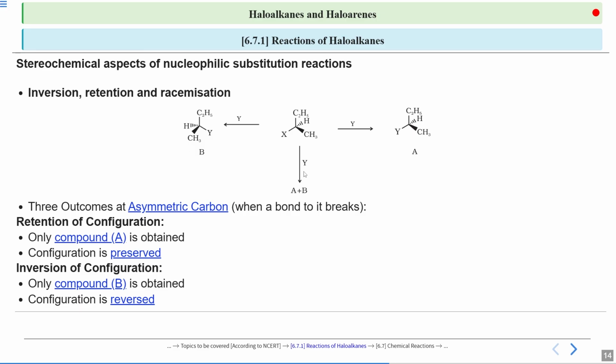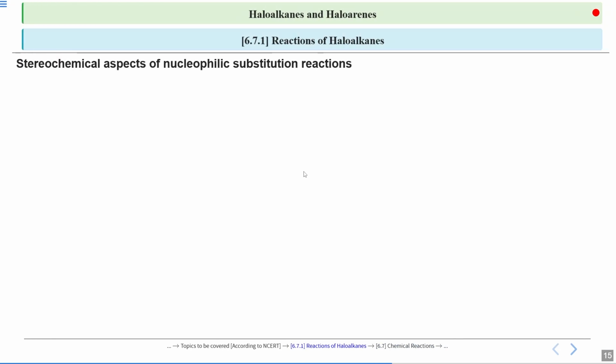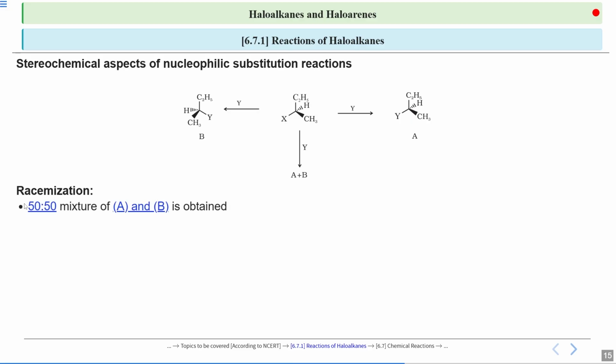Now we talk about the third outcome. For the third outcome, racemization is happening, where a 50:50 mixture of A and B is obtained. That means both inversion and preservation of the configuration products are obtained in the ratio 50:50.